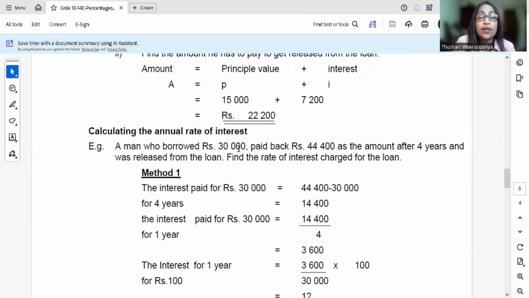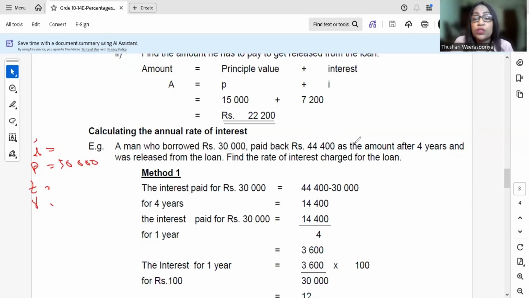A man borrowed... Now while reading, I'll put the values. First, when you have a question like this, you put I, P, T, R. A man borrowed 30,000. P is 30,000. See, you must know how to identify these letters.